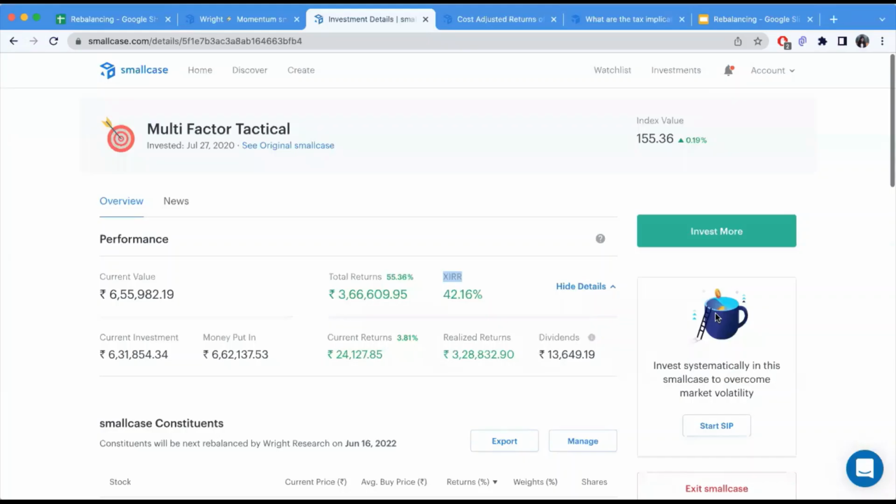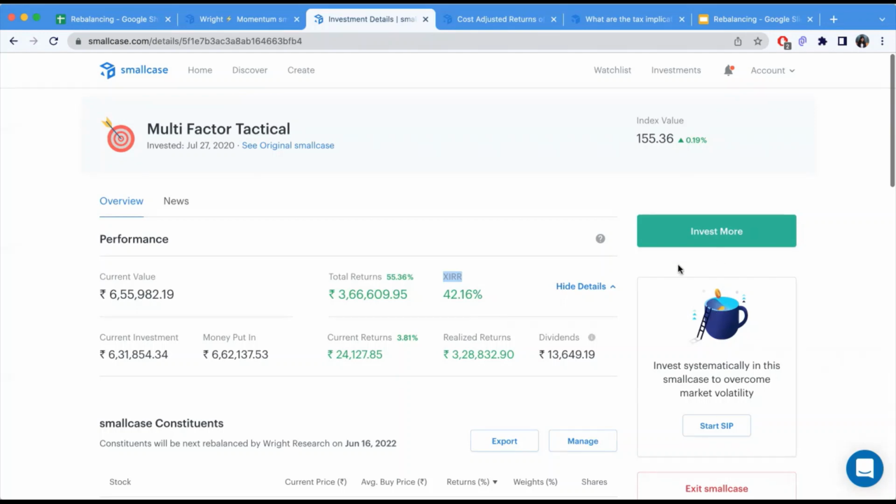That we have to understand is that your return, you could have bought this particular smallcase at, let's say, 1 year ago, and then you added money, let's say 2 months later, then you added more money 3 months later, then you added more money 2 months later. Let's say you remove some amount of capital after some time, you got some dividends, some adjustments were made, right?